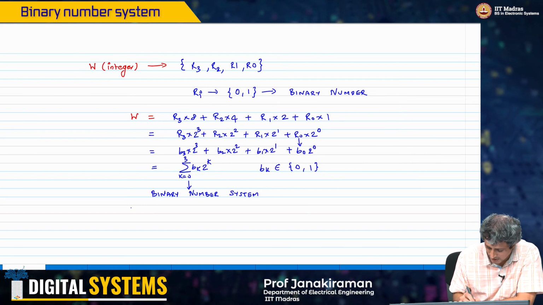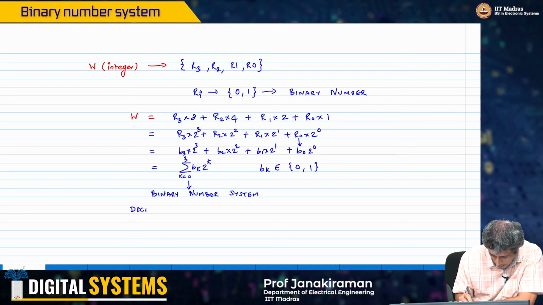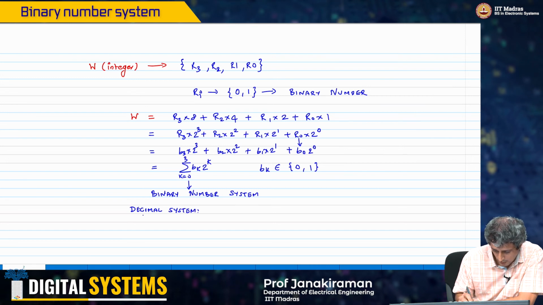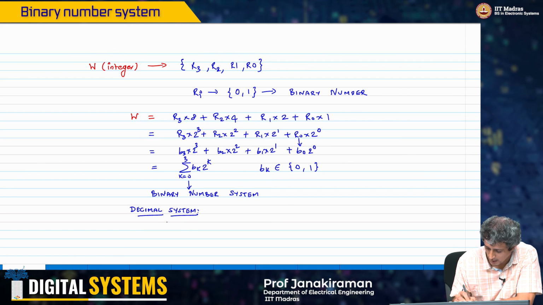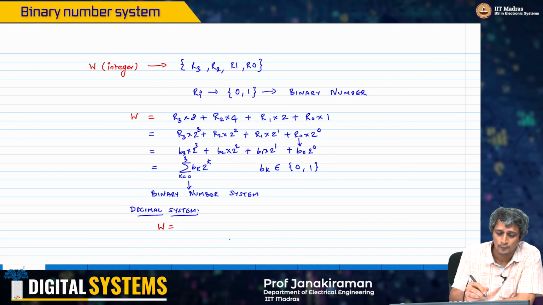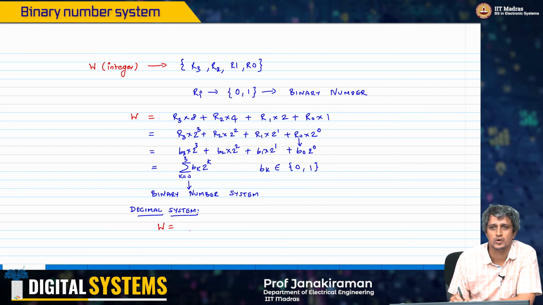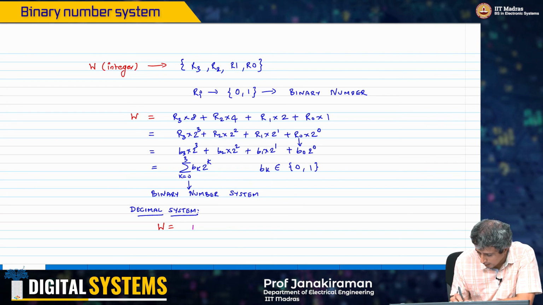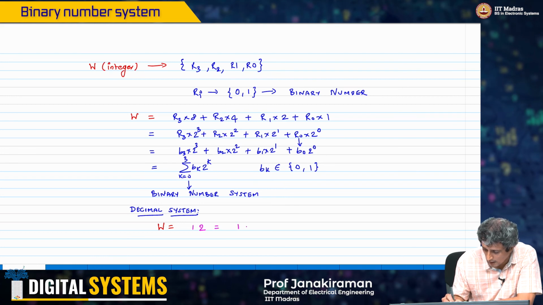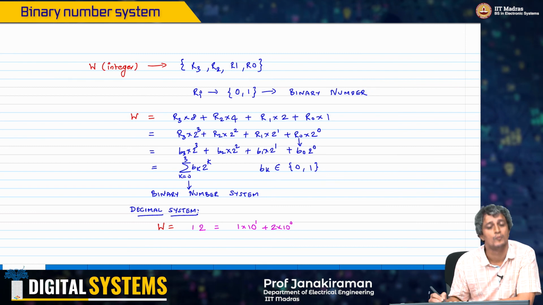Compare this to the decimal number system, where the number is represented in base 10. Any number, say the same W we are talking about, let's say the weight was 12 kg. What does 12 mean? It is 1 into 10 power 1 plus 2 into 10 power 0.